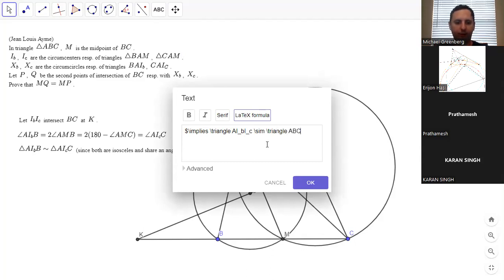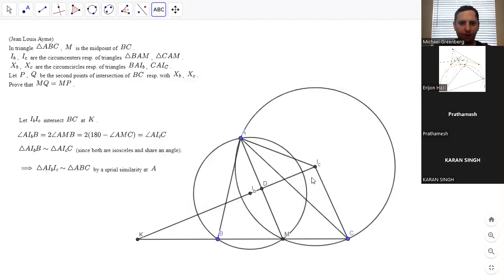Here's where we use the spiral similarity at A. So here's what spiral similarity means. If we know that AIBB is similar to AICC, then it's easy to see from using ratios that triangle AIBIC is similar to ABC.